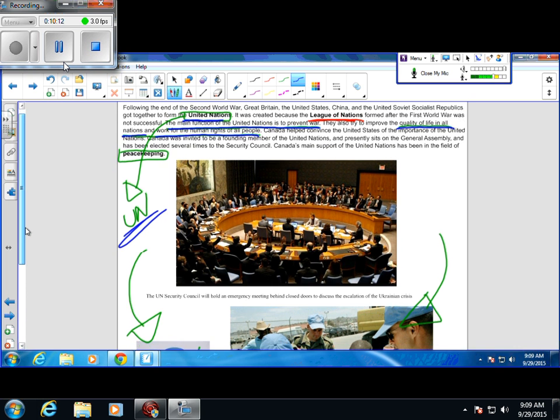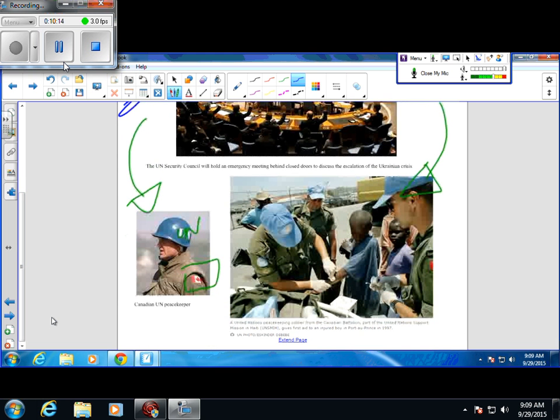If I scroll down, you can see images from last class. You have an individual man with the UN hat that has a little Canadian flag on it, representing Canada. In this image, you see Canadian peacekeepers in a nation having trouble with injuries and disasters. Canada is there to rescue, provide aid and supplies, and maintain peace.